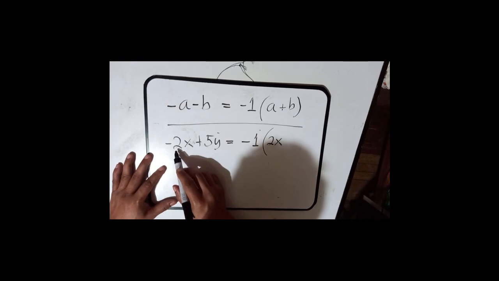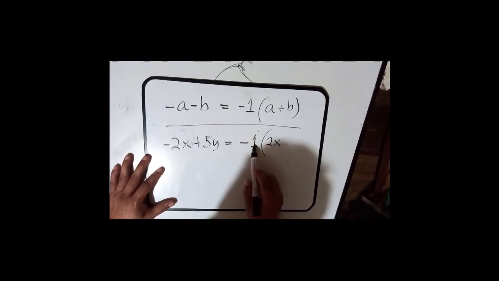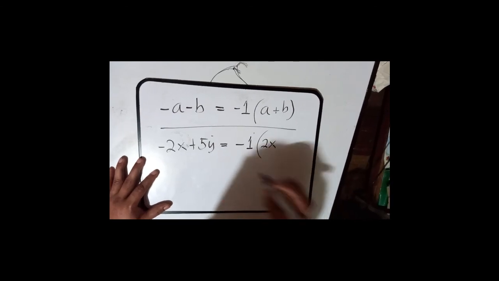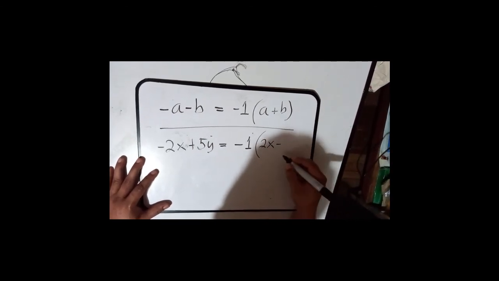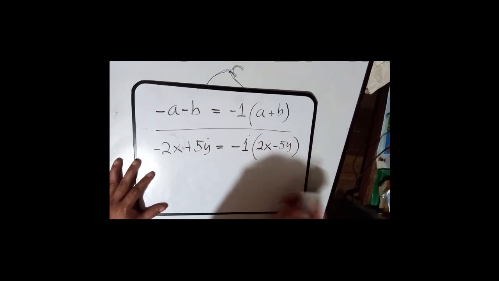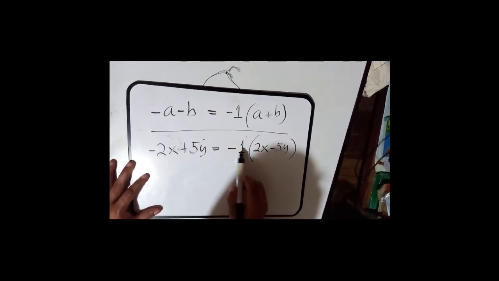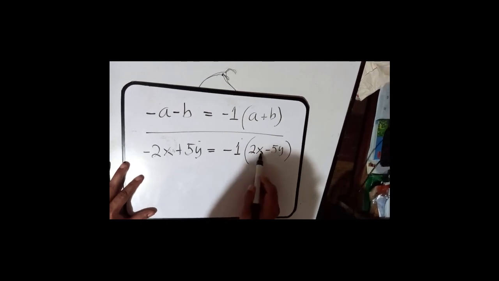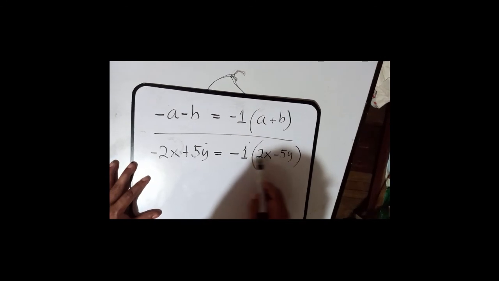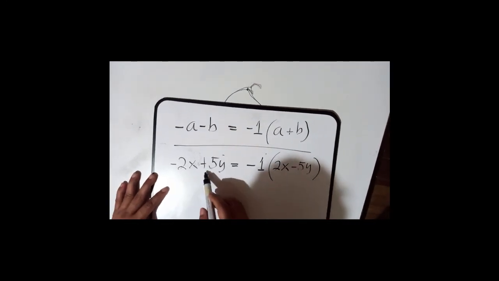So what number should we multiply to negative 1 so that we will have positive 5y? Yes, you're correct. It should be negative 5y. So let's examine. Negative 1 times 2x will give us negative 2x. Negative 1 times negative 5y will give us positive 5y.